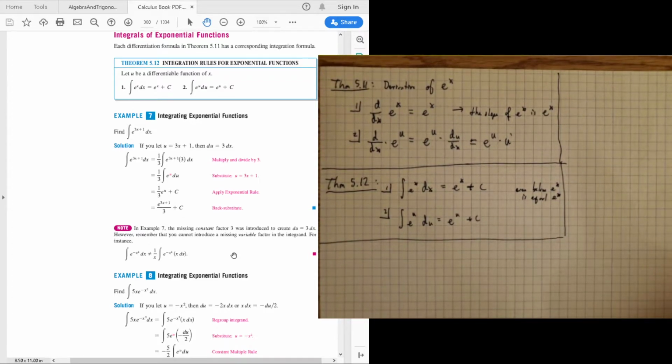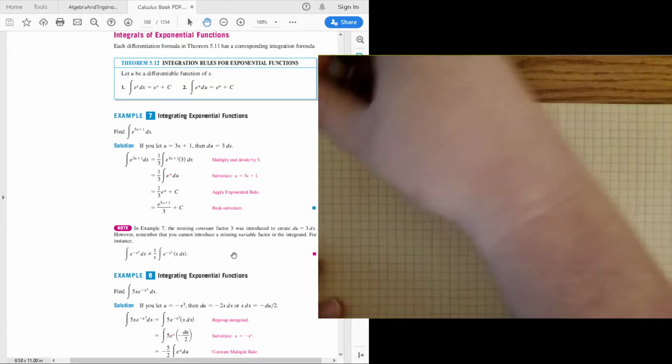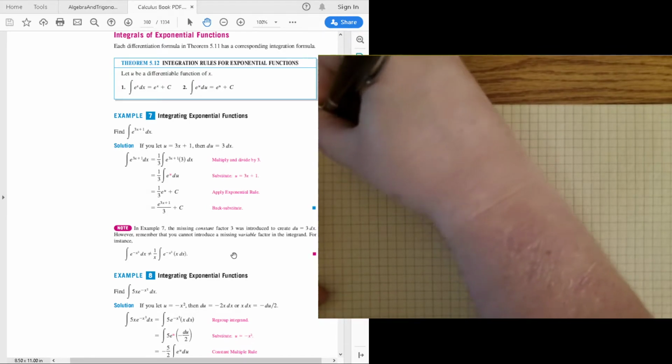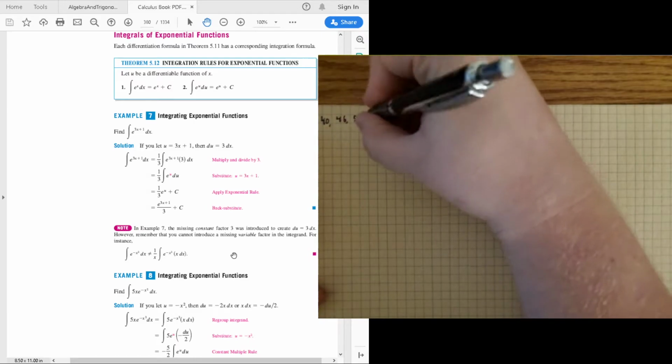So let's talk through homework problems. My goal with the rest of the time is to get you used to using these functions and the integrations and derivatives of them. And to do so, I want to go through 9 problems. Let's list them out. Our problems are number 40, number 46, number 52, number 62.